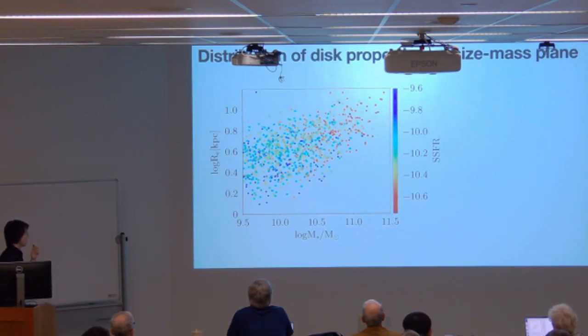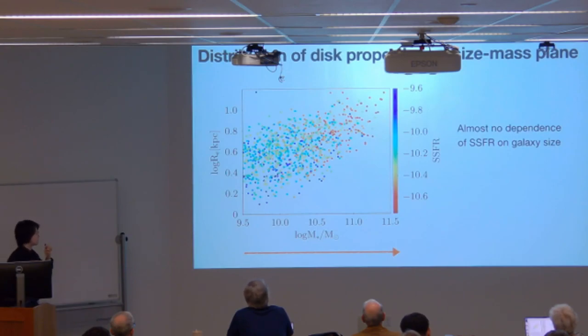So it seems that galaxies at fixed mass with different radii have a similar specific star formation rate on this short time scale. What is more clear is the mass trend, that galaxies decrease their specific star formation rate with increasing mass. So this is a little bit strange: why do galaxies with different size share similar specific star formation rates?